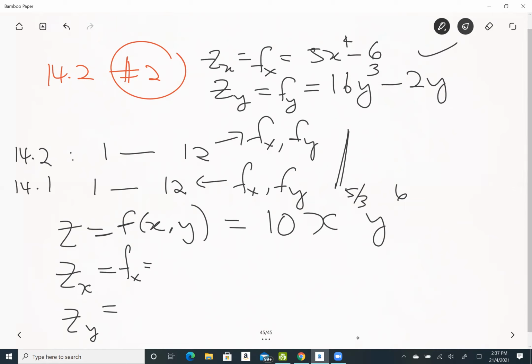5/3 multiply 10, wait. 5/3 multiplied by 10, x to the power of 2/3, y to the power of 6. I put bracket.